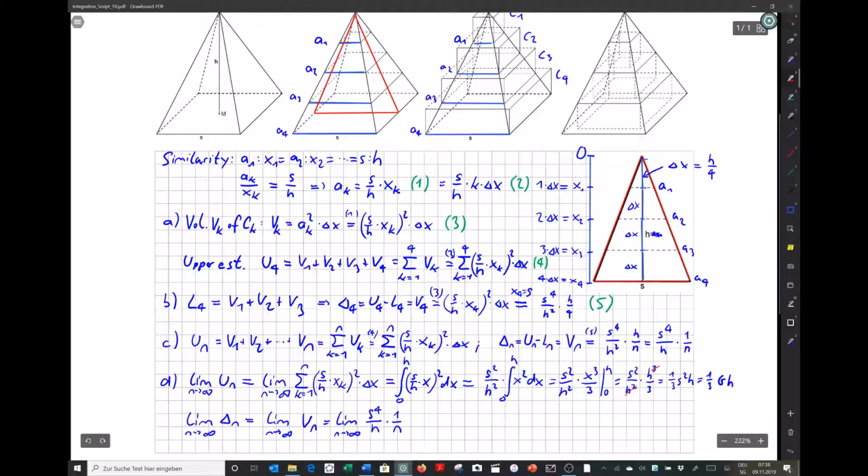And as we see, S to the power of 4 divided by H is just again a constant, but this 1 divided by n goes off to 0, so the whole thing is 0. So we have found out that the limit of the lower estimate is the same as the limit of the upper estimate, which means this is really the volume of the pyramid, and we have shown the volume of the pyramid is hence this 1/3 GH as we wanted to show.